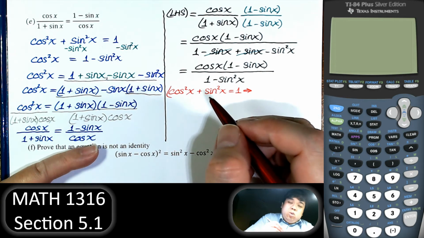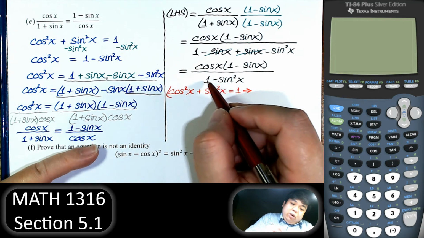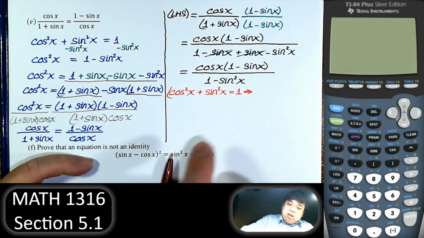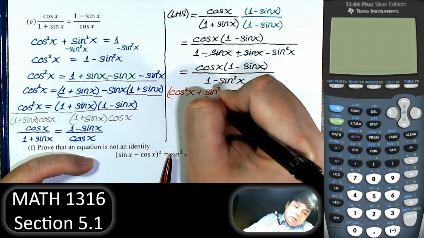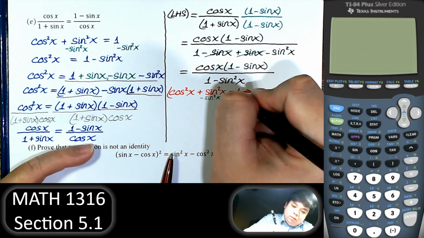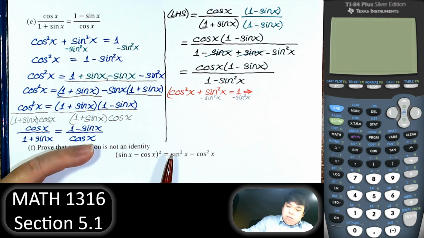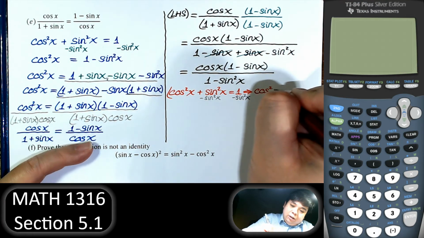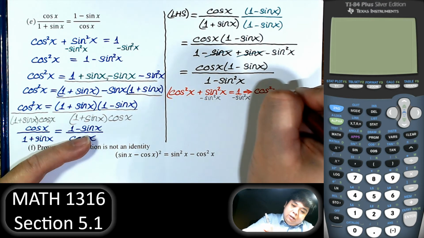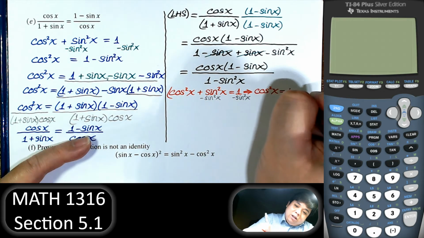Cosine square plus sine square equal to 1. So now we need 1 minus sine square, so I will subtract sine square on both sides. That gives us cosine square equal to 1 minus sine square.